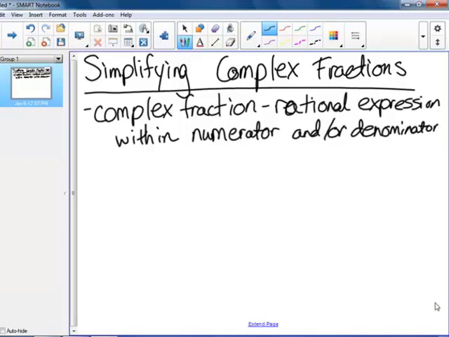So basically a fraction and a fraction. We've got a fraction, and then on top is another fraction, or in the bottom. It could be in both, or it could just be one. Typically, the ones we'll do will have a rational expression in both.